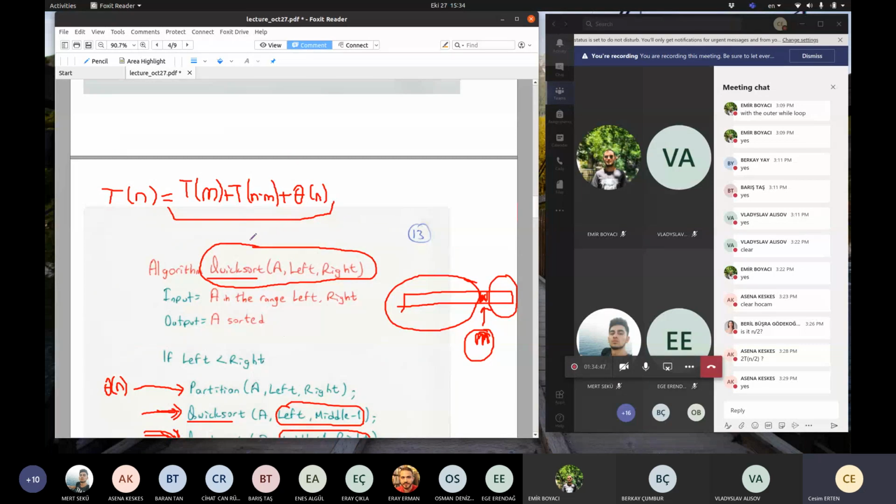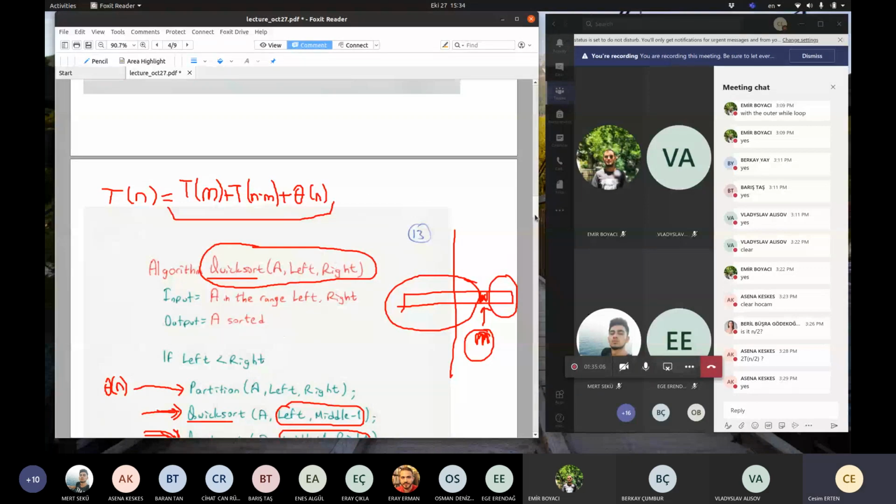Now, Asena, as you have suggested, if this m turns out to be the exact middle of the array, then we will have T of n divided by 2 twice, or in other words, 2 times T of n divided by 2 plus theta of n.